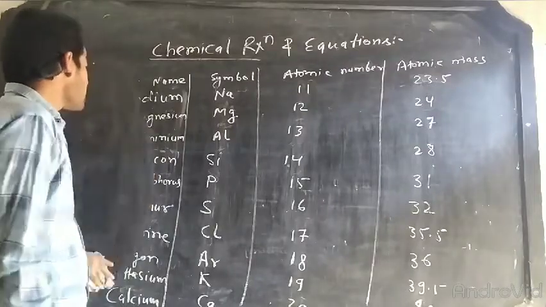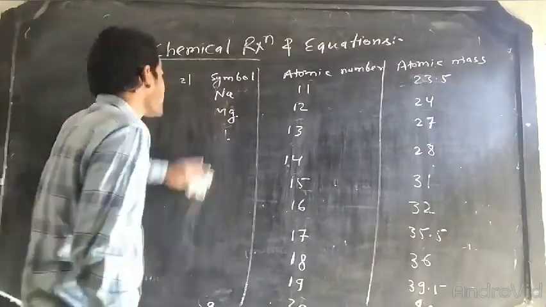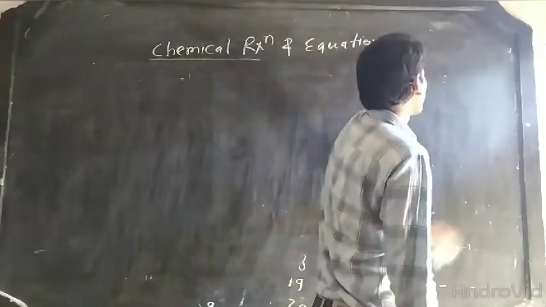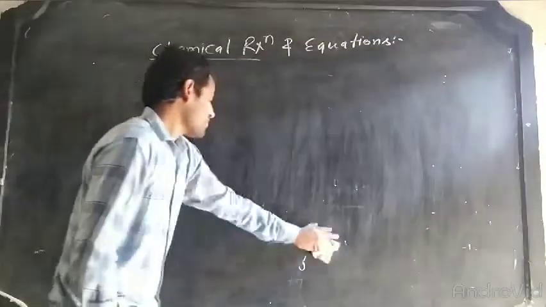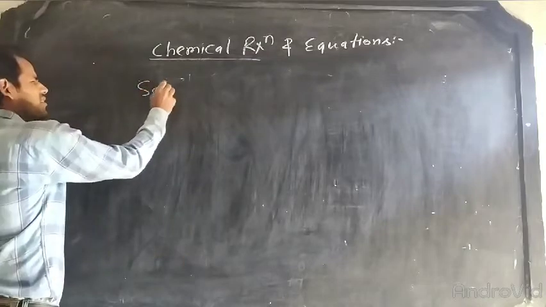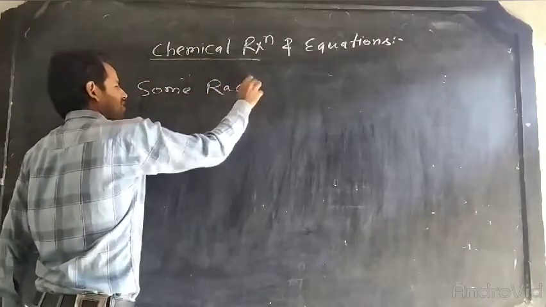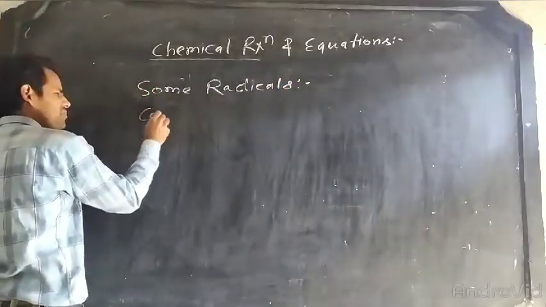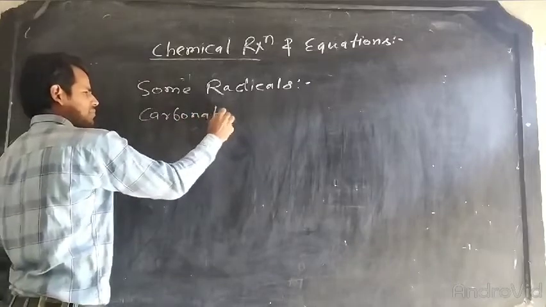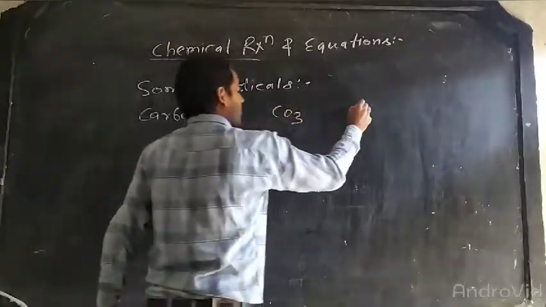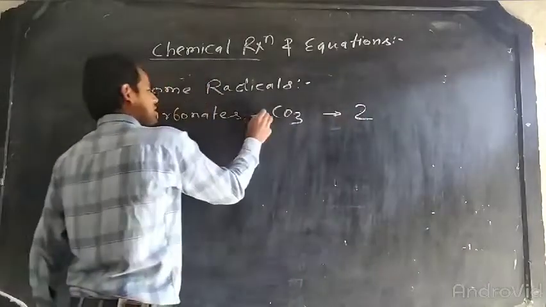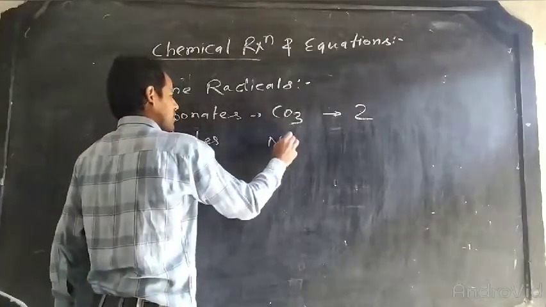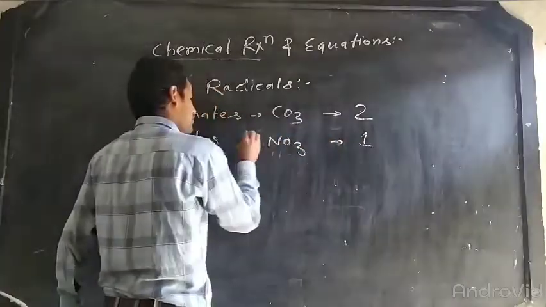Some radicals are there with their valency. Carbonate, CO3, valency 2. Nitrate, NO3, valency 1.